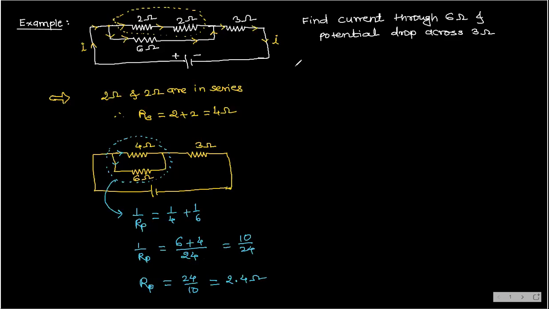So what am I getting? Tell me what I will get here. 2.4 ohm, right? And here it is 3 ohm. And this is the supplied potential. Let's take some supply potential here.